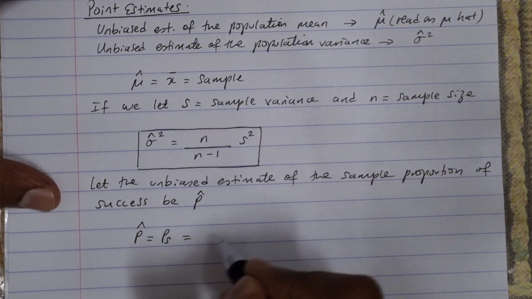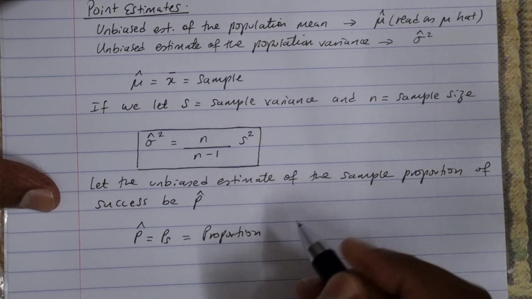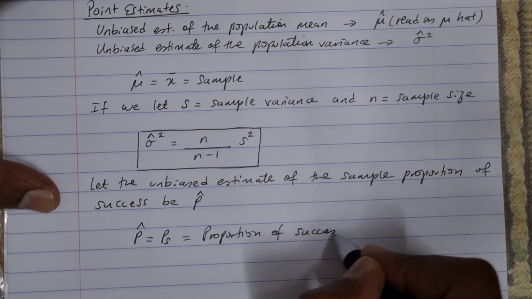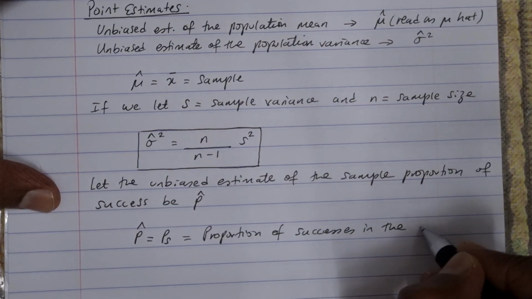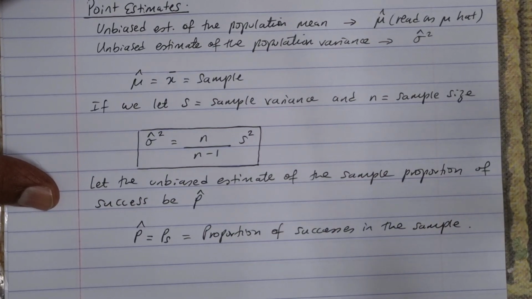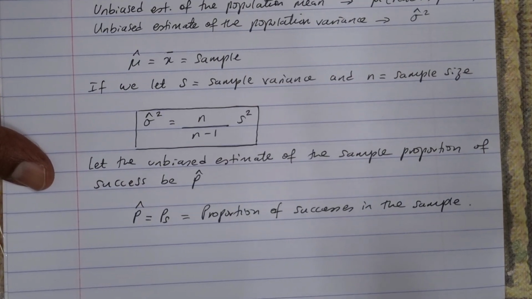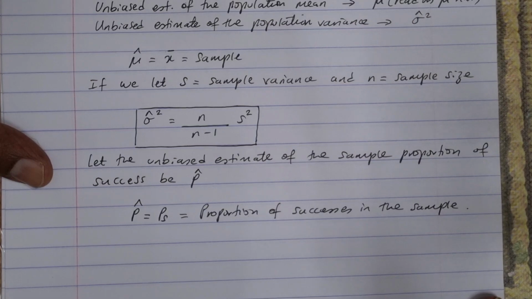Then p hat, which is the sample proportion, is going to be equal to the proportion of success in the sample. We often come across examples like how many people like to wear glasses on the beach on a Saturday when the sun is shining.